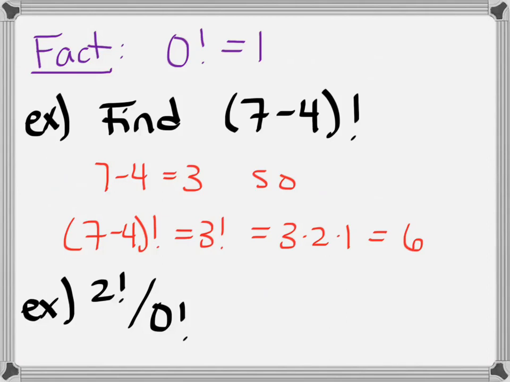I could say, what is 2 factorial divided by 0 factorial? This might feel a little strange because we have a 0 in the denominator, but remember that 0 is not the same as 0 factorial. So, we can find each of the following. We know that 2 factorial is 2 times 1, 0 factorial is 1, and so 2 factorial over 0 factorial is the same as 2.